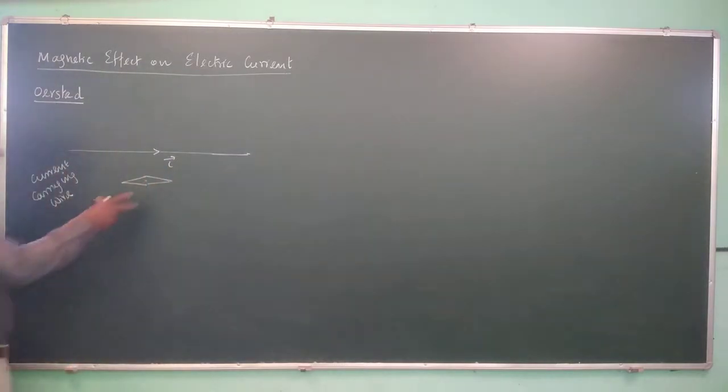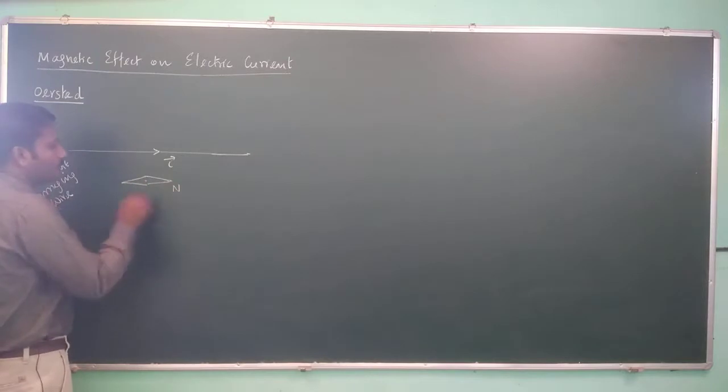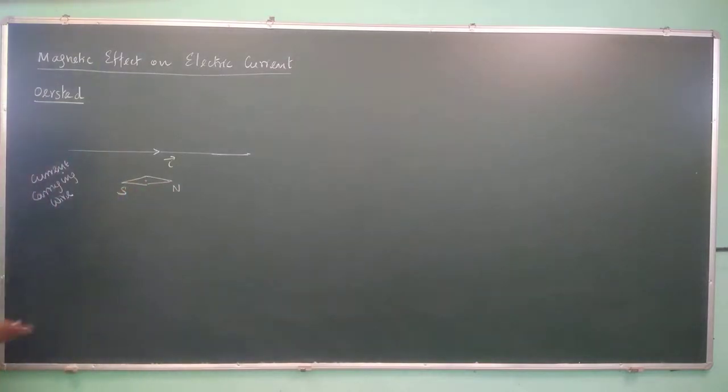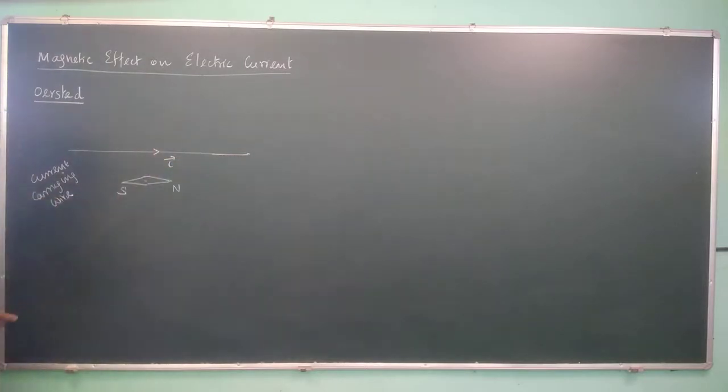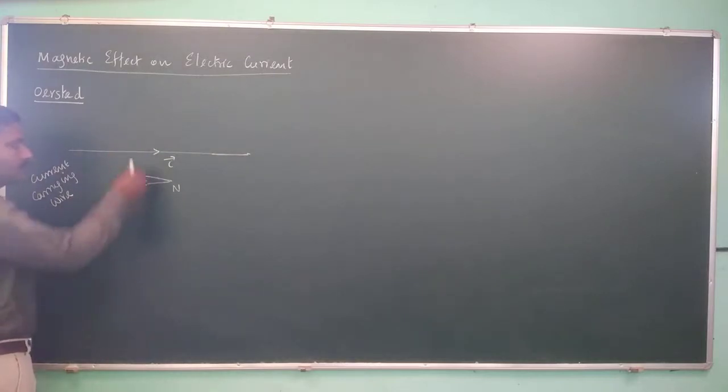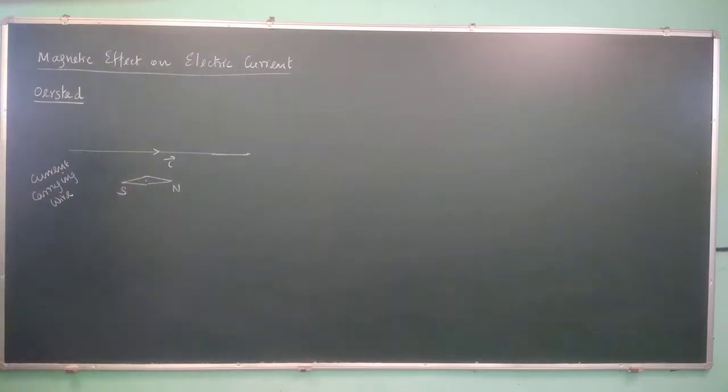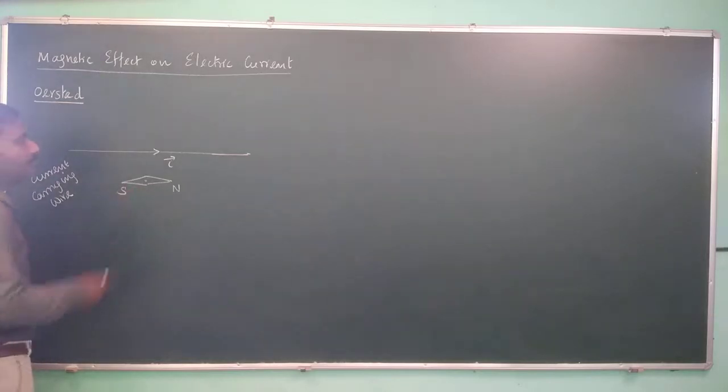He has taken a magnetic needle, so this will be south pole, this will be north pole, and this needle is placed parallel to the current carrying conductor and in close proximity, not at a long distance. What happens? He noticed that there is a deflection of the magnetic needle when the current is flowing through this wire.